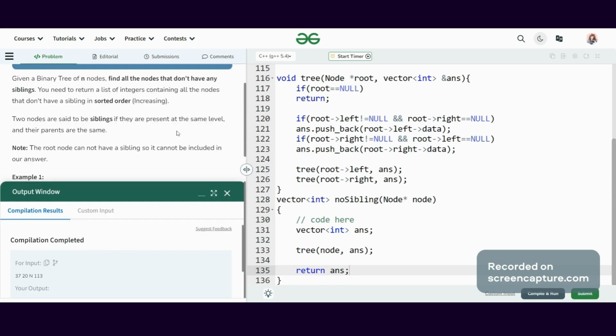Okay, we need to return the answer in sorted order, so sort this. Also, there can be a case when my answer is empty. So in that case, just return -1.